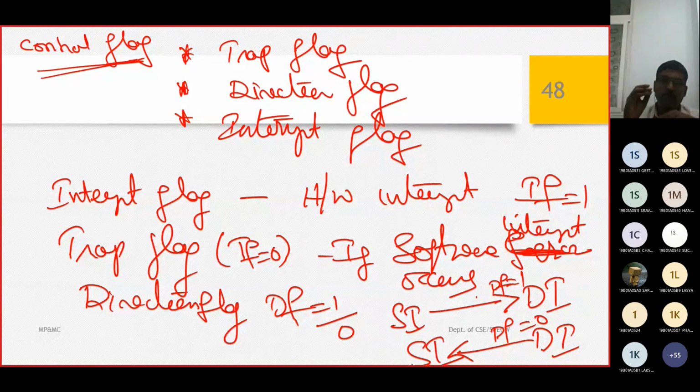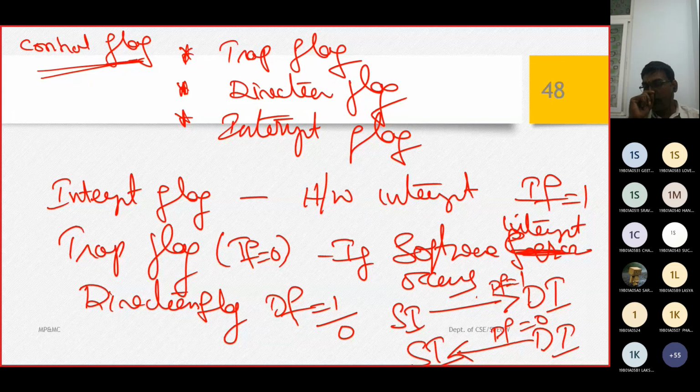If there is an error from keyboard, mouse, hard disk, etc., those we call hardware interrupts. All of a sudden, internet is gone. All of a sudden, power failure happened. Such types of interrupts we call hardware interrupts. There, the interrupt flag is going to be set high.